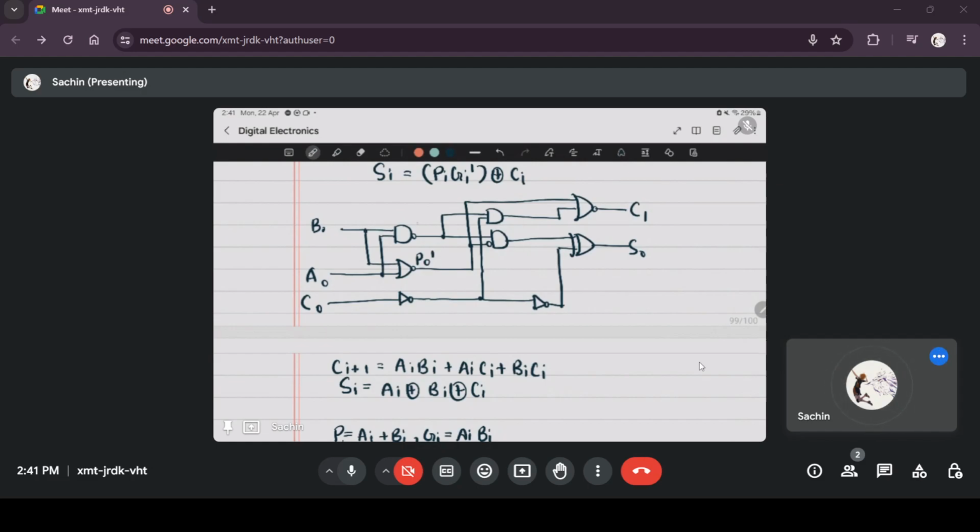You have G0 complement here. This is C0 complement, this is C0 complement, G0 complement. This is P0 complement. This is P0 G0 complement. This is C0.